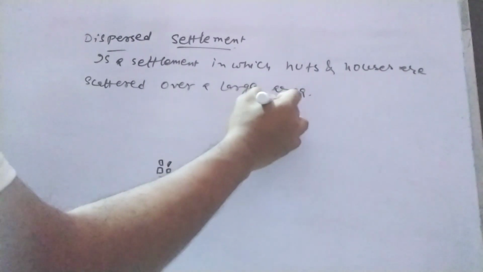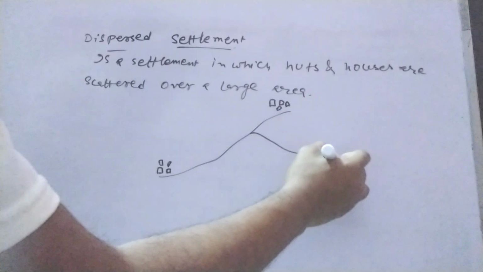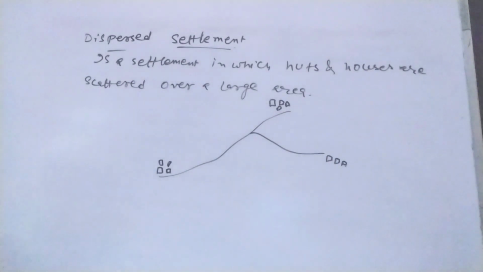This one, right? So dispersed settlement is found in hilly region or forested area, or you could say desert, where there are transport problems, communication problems as well as occupation problems. So that kind of settlement is called dispersed settlement.